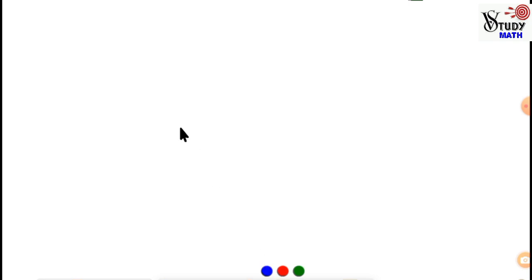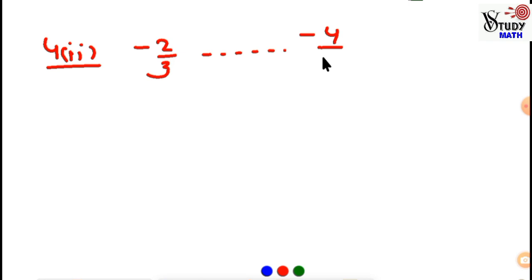The next question is question number 4, part second: negative 2 by 3 dash dash negative 4 by 7. Now solve this. The method is very simple.